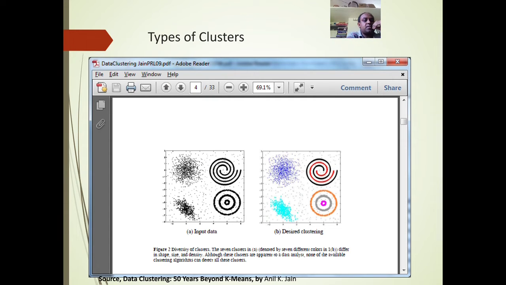So this is an example of clustering. On the left side you can see the input data. After applying the clustering, you can see the desired cluster output.